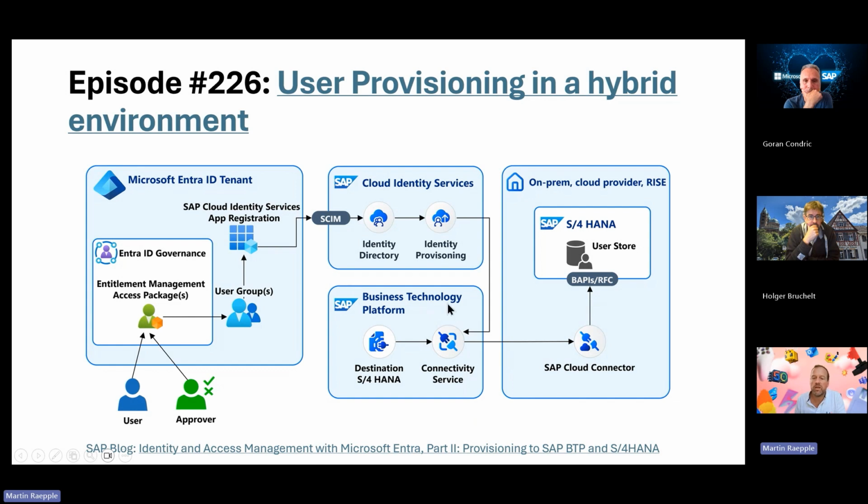And then we made sure that a user who has been approved to be assigned to such an access package got properly provisioned via Cloud Identity Services and the Identity Provisioning Service into a backend system that was connected via the Cloud Connector and the connectivity service in BTP to the Identity Provisioning Service.